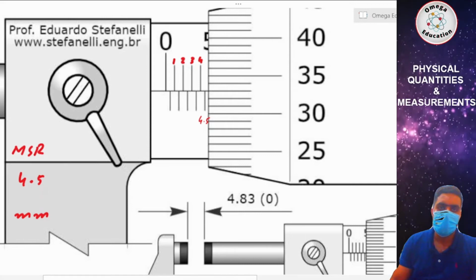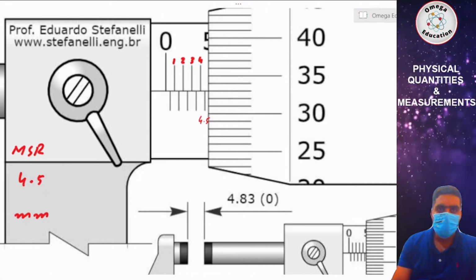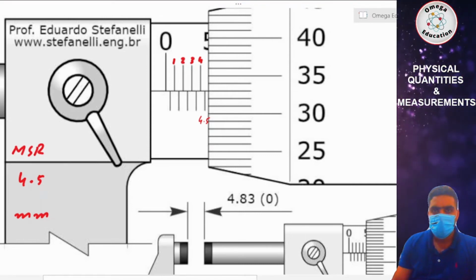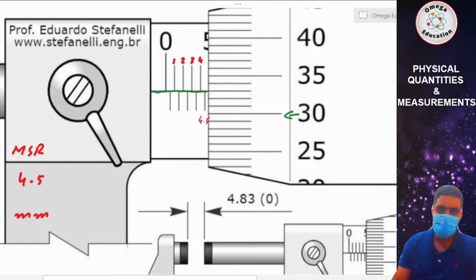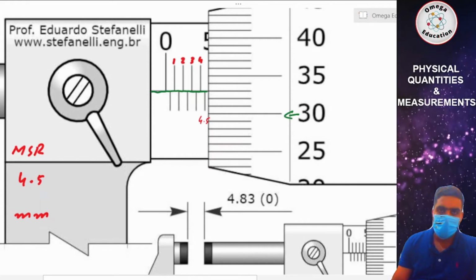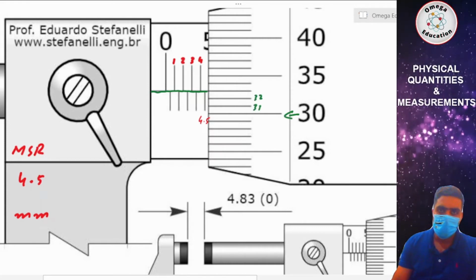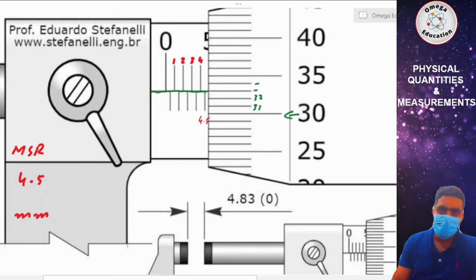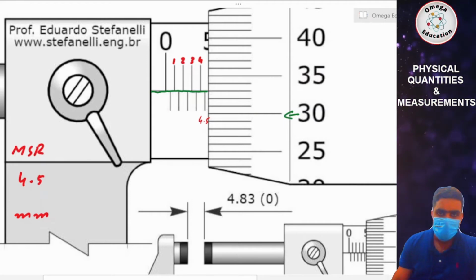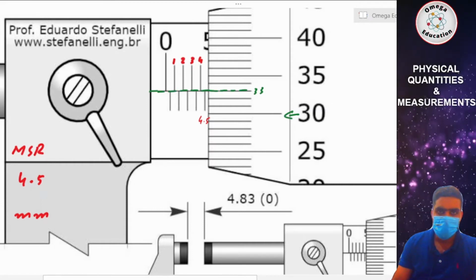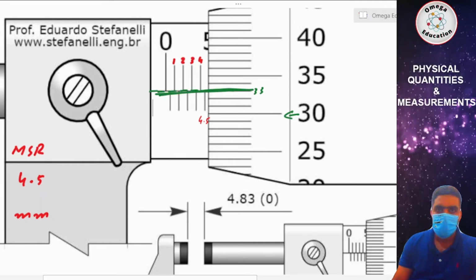All right, now we try to find the line of the circular scale that is aligned with the central line of the main scale. So this one is 30, the one above it would be 31, then 32, then 33, then 34, only then do we get 35 here. So it is line number 33 that is aligned with the central line of the main scale. You can see over here, line number 33 is aligned with the central line.